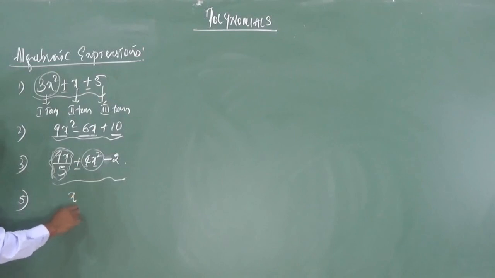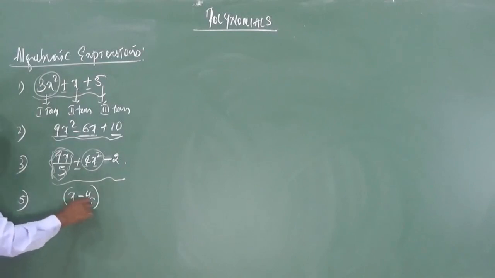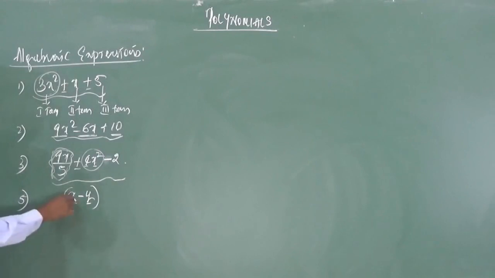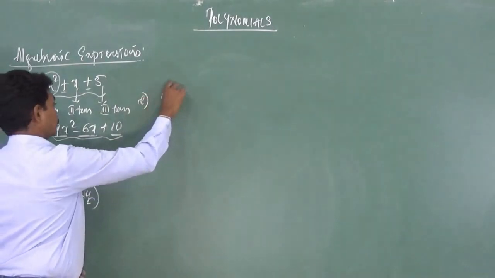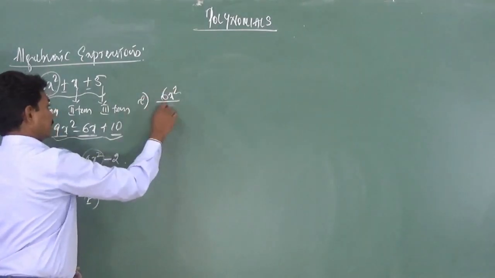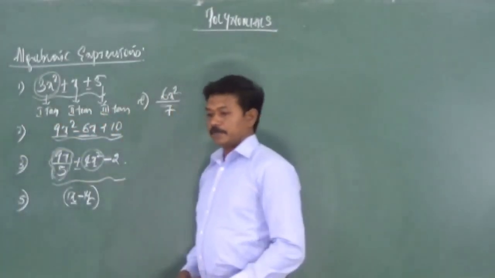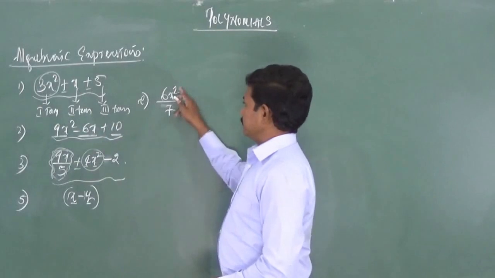Okay, x minus y is an algebraic expression. x is a variable, y is a variable. They are connected by a minus sign. The coefficient of x is 1, and the coefficient of y is also 1. It is understood, as I told you earlier. So this is an example of an algebraic expression. Then 6x square by 7 is also an algebraic expression because it's a single term.